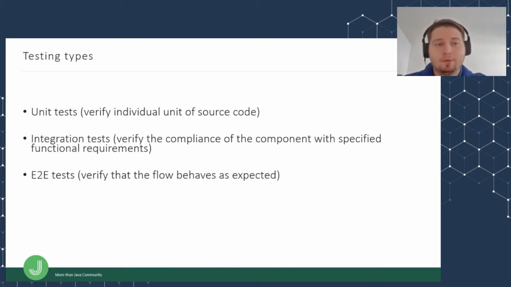The next level of testing is integration tests. If unit tests are verifying a small piece of code, integration tests are verifying how these small pieces are working together. During integration testing, you can just call some API and check the response code, check the response body, and that's it.